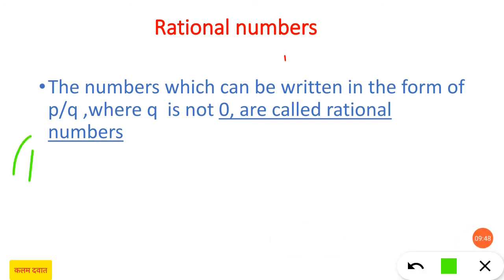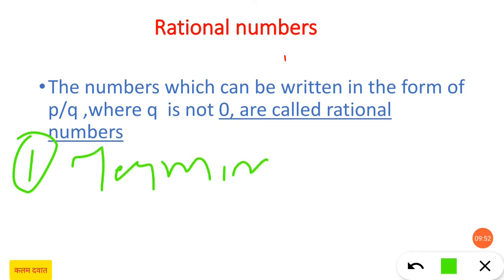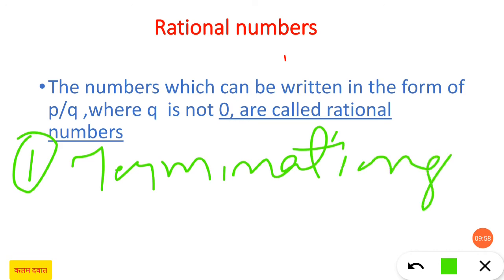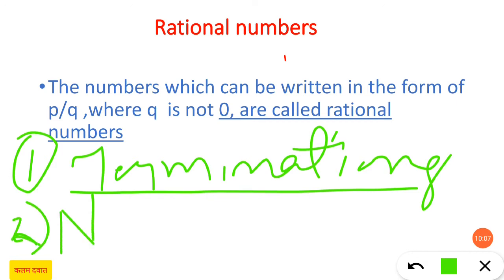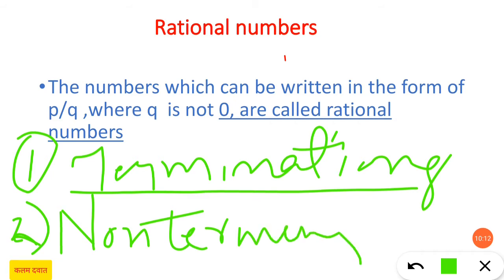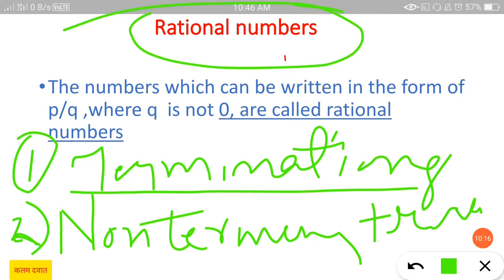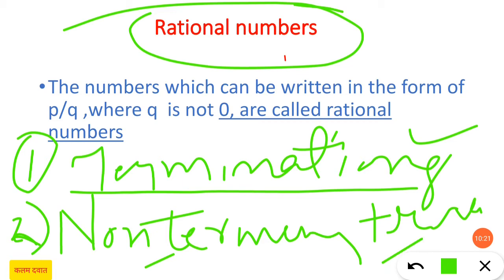The first one was terminating, in which the decimal comes to 0 after dividing, after 2 or 3 places. The expansion was terminated. But the second case was non-terminating plus recurring. The term was repeated, non-terminating plus recurring. So there are two types of rational numbers. One is terminating and the second is non-terminating recurring.